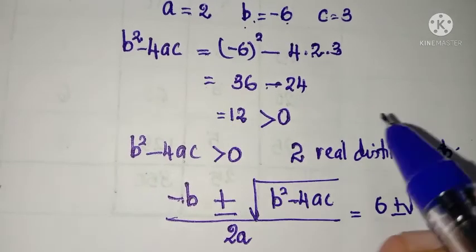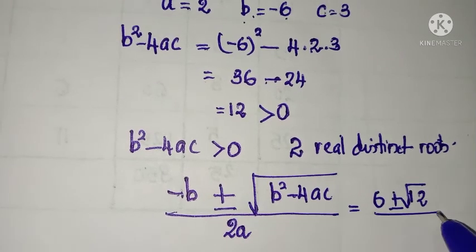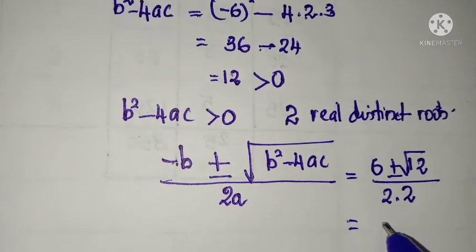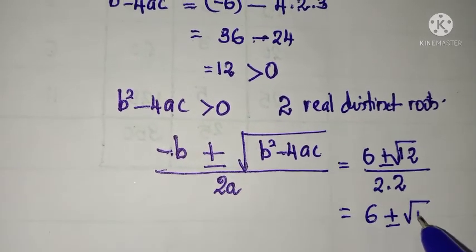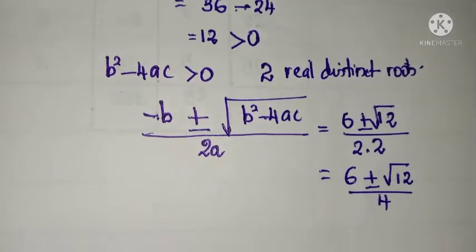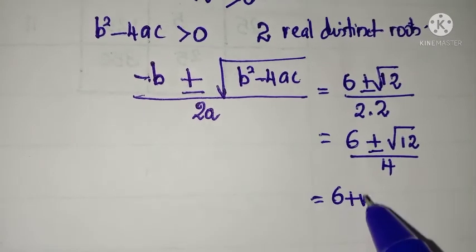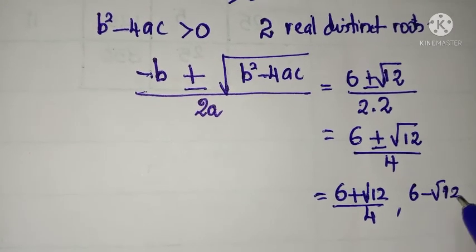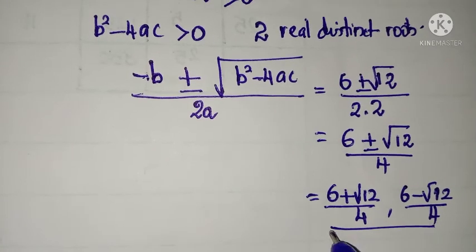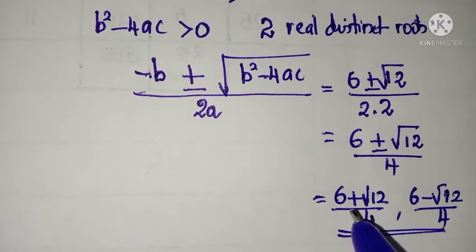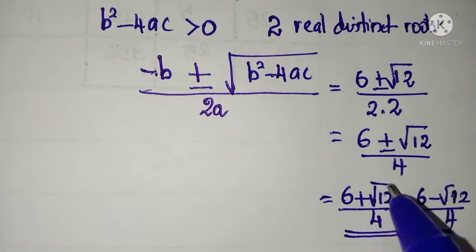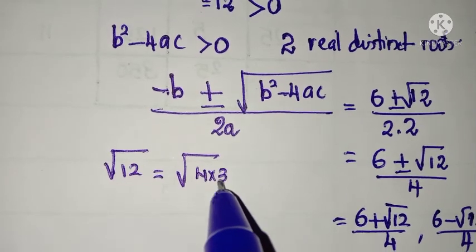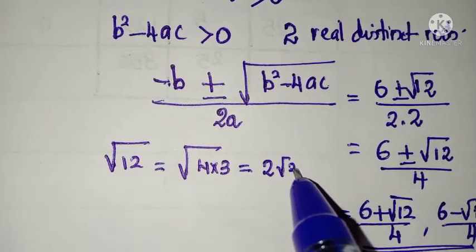That we already calculated. b square minus 4ac is 12, divided by 2 into a. What is a? a is equal to 2. So this is 6 plus or minus root 12 by 4. That is, the roots are 6 plus root 12 by 4 or 6 minus root 12 by 4. Either you write this as the final one or in simplified form. Here root 12 can be written as root of 4 into 3, which is the same as 2 root 3.